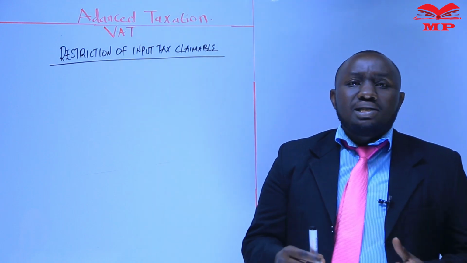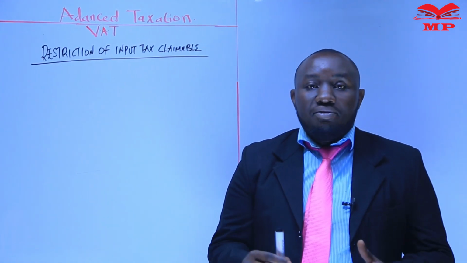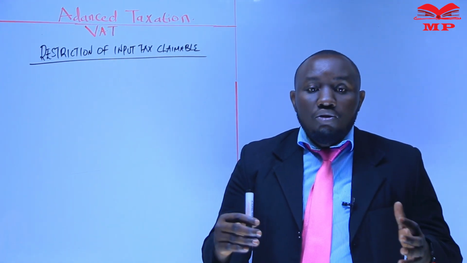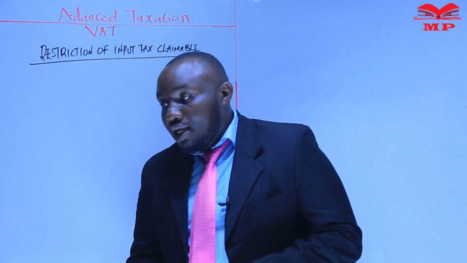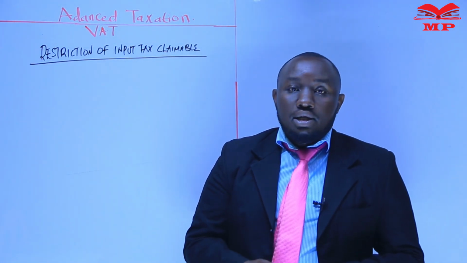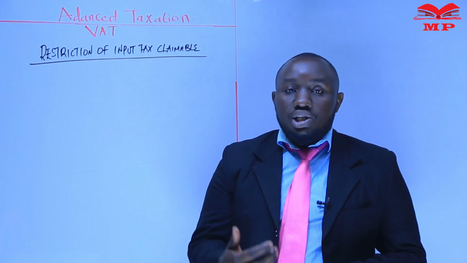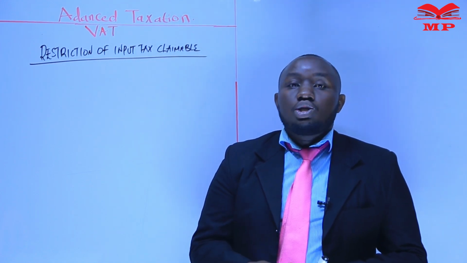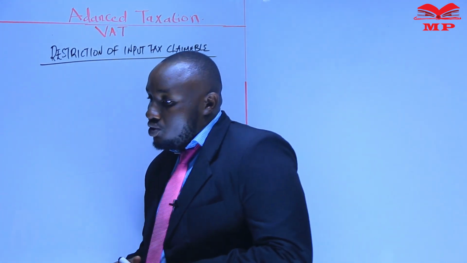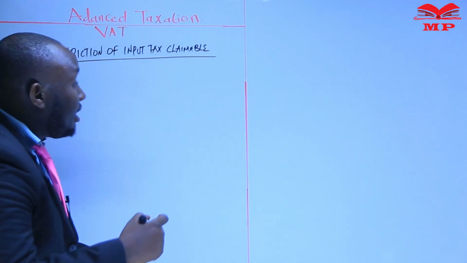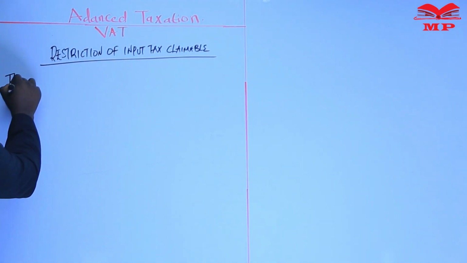And the first thing, where does it come from? Where do we have restriction of the input tax claimable? Basically, when we have sales that are exempt, but we cannot trace purchases that were sold as exempt, we basically do the restriction.